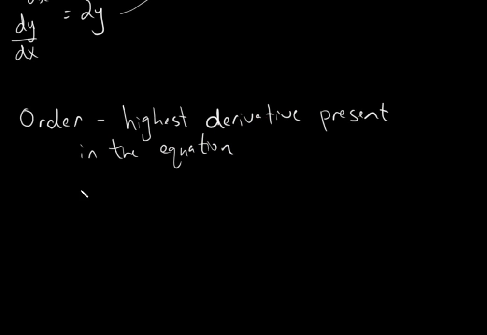So going back to the equation we have at the top, we had y prime is equal to 2y. So the order of this differential equation is the first order, because the highest derivative in here is y prime, which is the first derivative. If we have y double prime plus 2y prime plus y is equal to 5, for example, that's a second order differential equation, because the highest derivative in here is the second derivative.